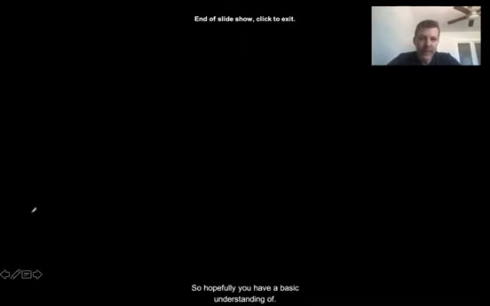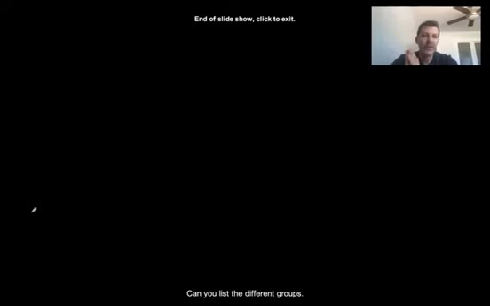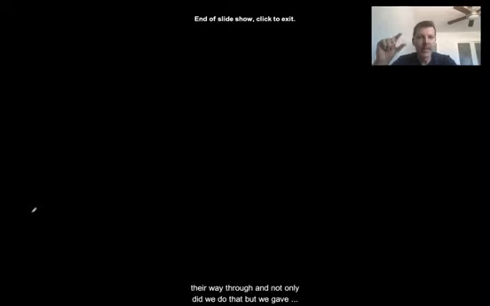So hopefully you have a basic understanding of, can you list the different groups of microorganisms? So there are 6 different groups that we worked our way through. And not only did we do that, but we gave fairly short, one slide, of what are the characteristics of each. And so that's the goal of this one.